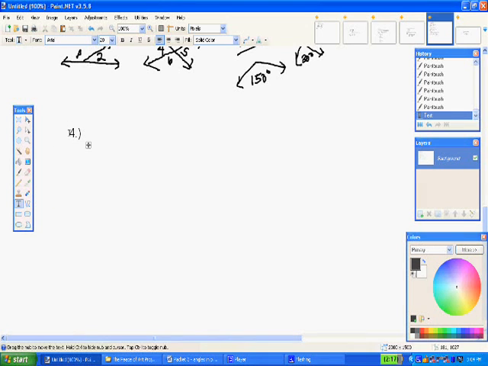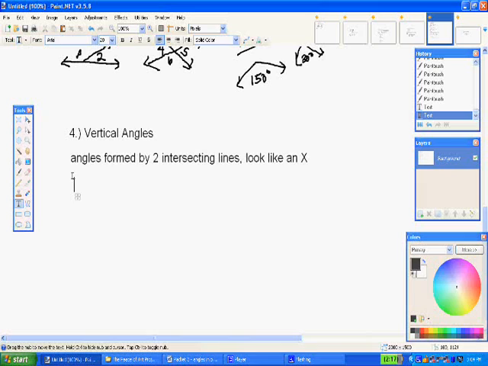One more special angle relationship, and we call them vertical angles. And vertical angles are angles formed by two intersecting lines. And they look like an X. Vertical angles are also angles that are across from each other.